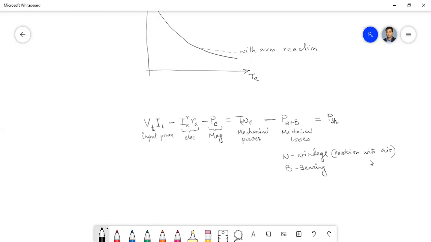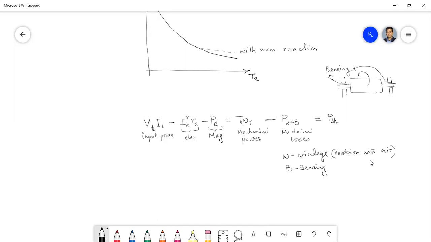Another frictional loss comes from the bearing. The rotational system, when it is rotating, has supports at both ends. This is called the bearing. This is one bearing and this is another bearing, so there are two bearings in the machine.